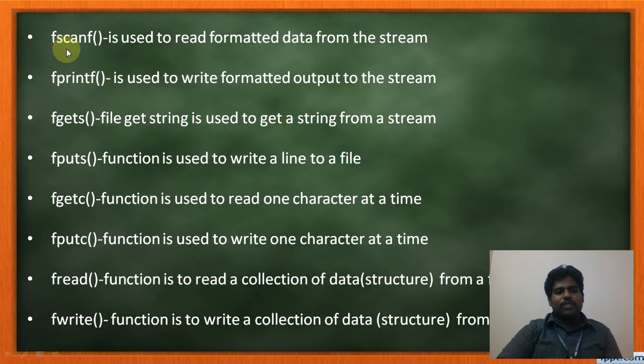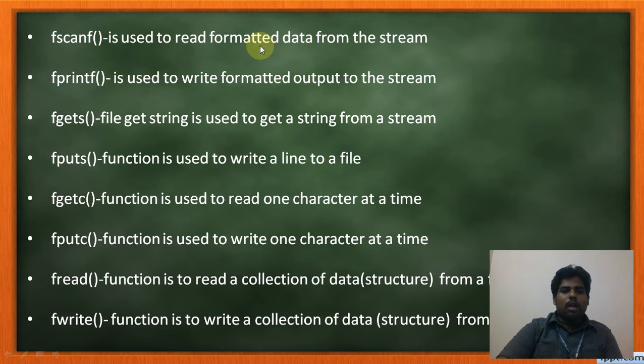First one is fscanf and fprintf. This fscanf and fprintf come under the formatted input-output statements. Formatted input-output statements means we can get any kind of input in any format. You can get the input in integer format, character format, string format, float format, or double format.